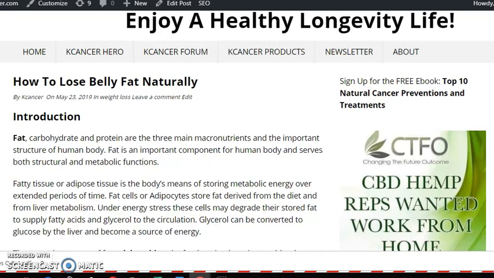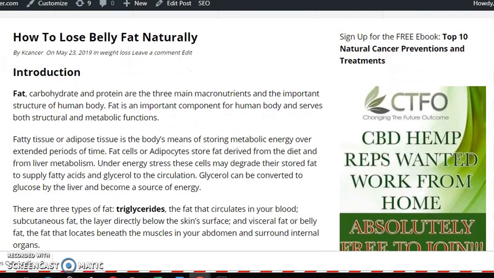For today, I'm going to discuss with you how to lose belly fat naturally. We know that fat, carbohydrate, and protein are the three most important structural components of the human body. But they are not only building blocks, they're also very important for functional activity.